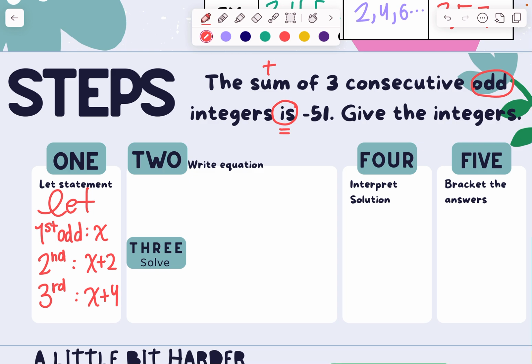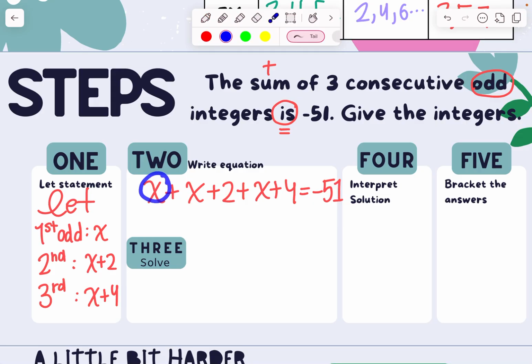So when I think about the sum, I think about adding the first with the second and with the third. Since we don't know them, we are going to be just using the expressions we've assigned. So when I say x plus that's the first one, plus the second, plus the third, is equal to negative 51. That is the equation based on the information given to me.